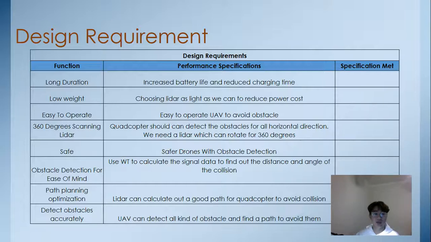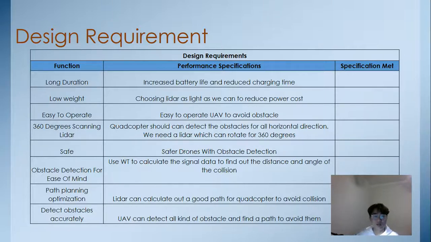360 degree scanning LiDAR. The quadcopter should be able to detect obstacles in all horizontal directions. We need a LiDAR which can rotate for 360 degrees. Safer job with obstacle detection. And then obstacle detection for ease of mind.